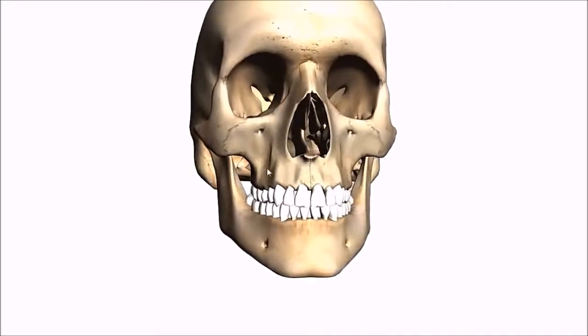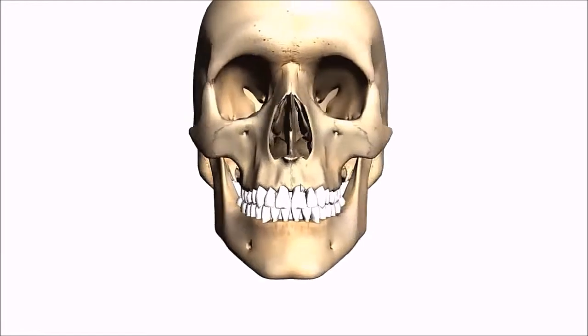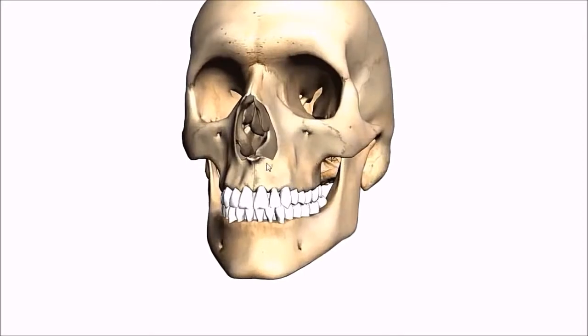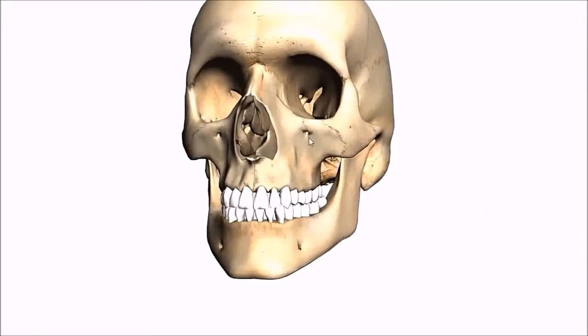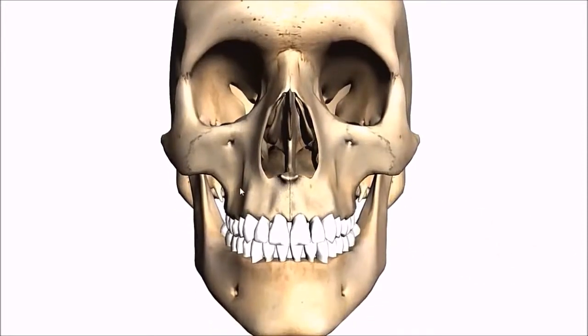And this is called the alveolar process because it articulates with the teeth. So you've got the alveolar process, the zygomatic process, and the frontal process. So that's the maxilla bone.